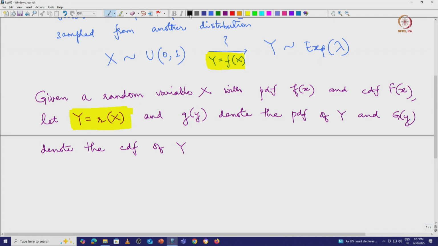Okay. So, this conversion depends on the inverse of the function r, right. So, you know that given any function r, you can find the inverse of that function, right. So, let r inverse y denote the inverse of r of x. Okay.